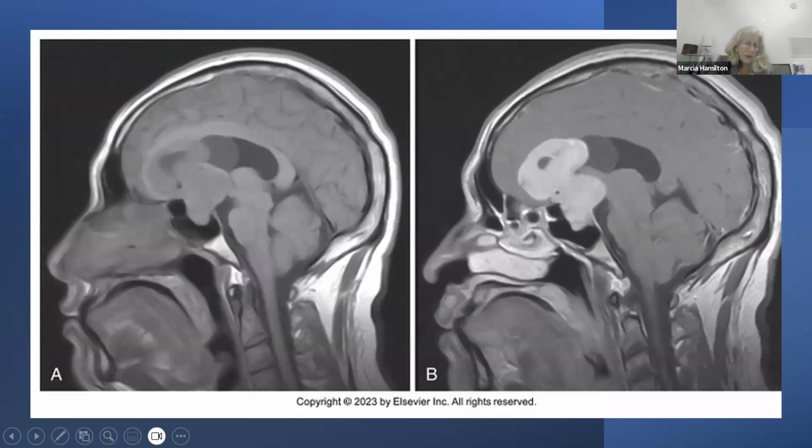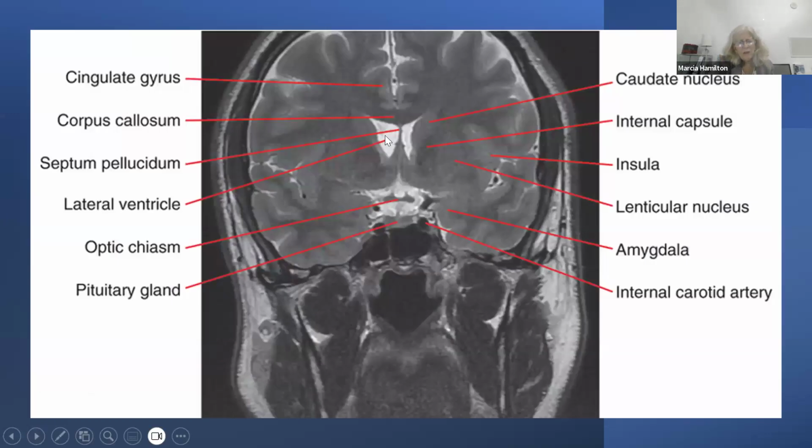So here, if we go to the opposite of that, we see that the ventricle is light. And where the cerebral cortex is, it's gray. So I know this is a T2 MRI. This is making it opposite.